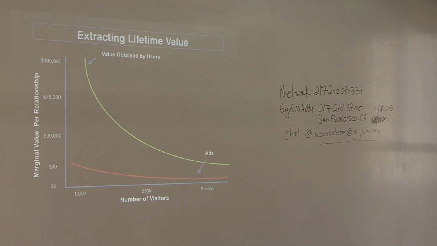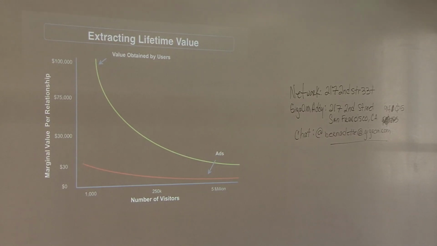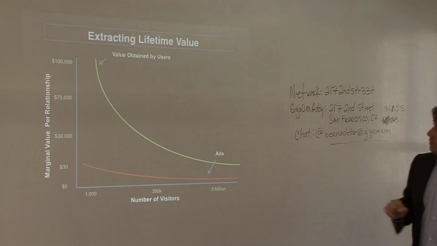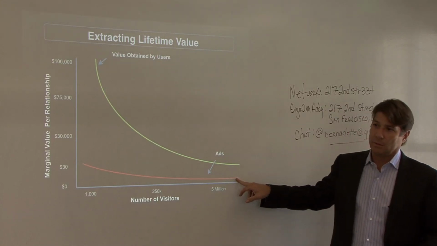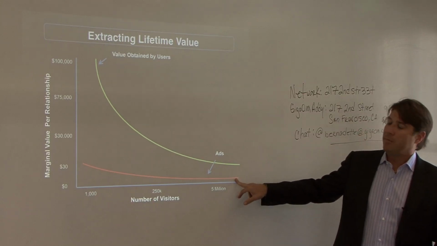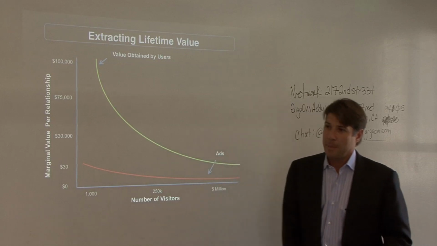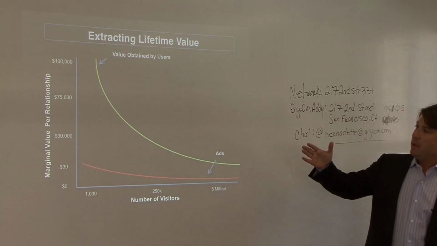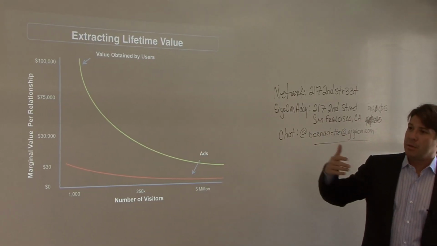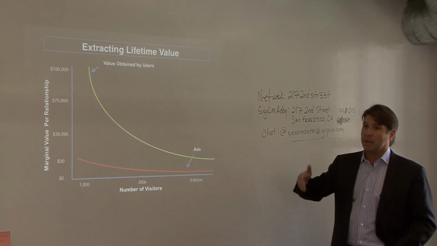So this is our ad business. If you come to our site only once, I'm going to make probably 3 to 4 cents from you. If you come 1,000 times, I'll make $30, right? Now, the more you come and the more engaged, you'll make more money. If you come 10,000 times, I'll multiply that.